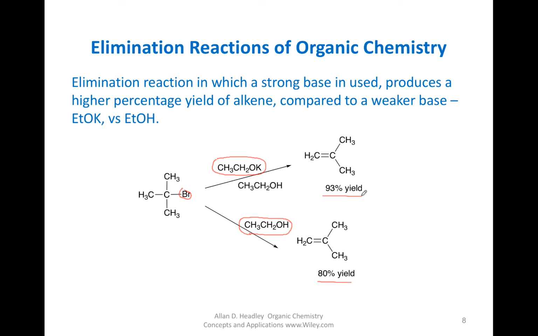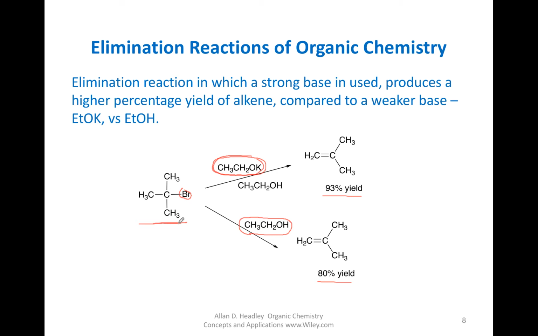You will recall from the E2 mechanism that the base plays an important role in forming the product. That's why it's called an E2, because the base and the organic molecule react to form the product.